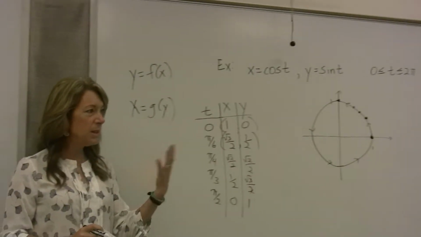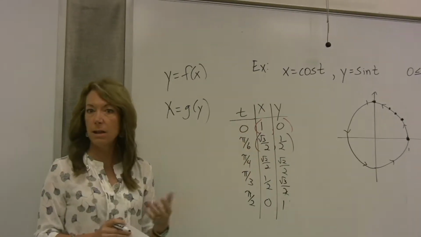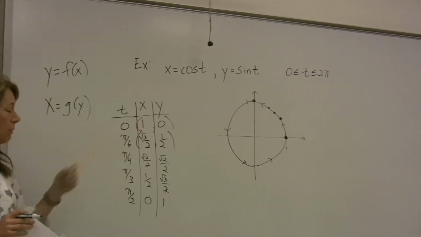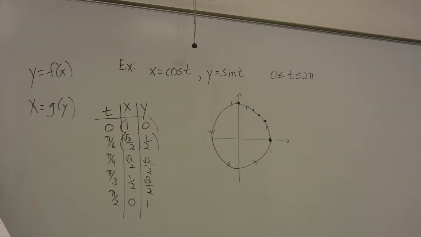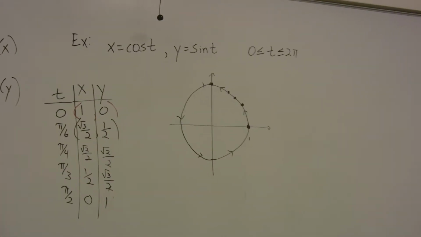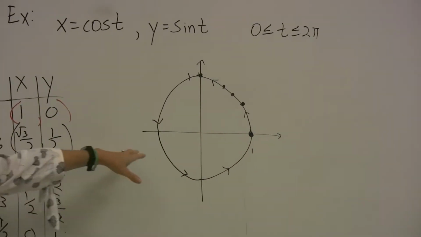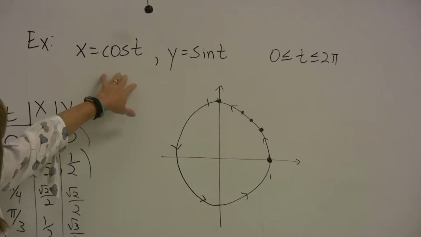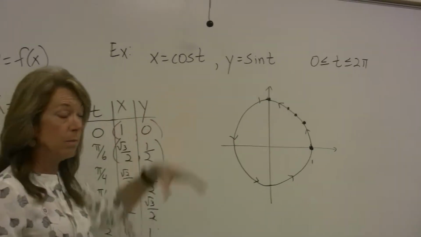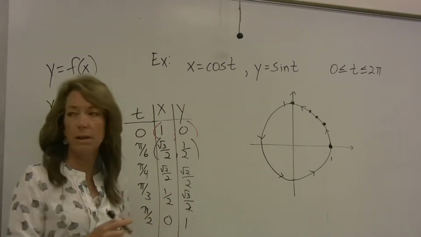But basically, from 0 to 2 pi, you're getting all of those points in the whole 4 quadrants on the unit circle. That's the definition of the unit circle way back when. So I defined this circle with these parametric equations. What would the equation of this circle have been in this form?